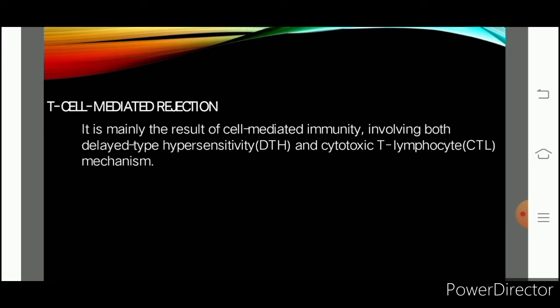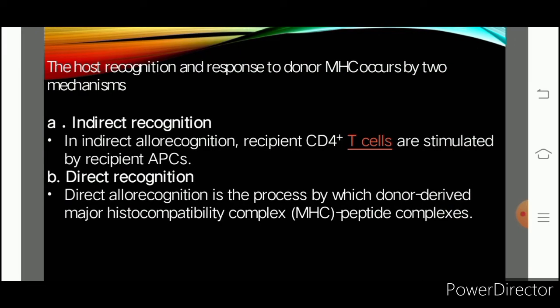Rejection is triggered by MHC. The host recognition and response to donor MHC occurs by two mechanisms: first is indirect recognition and second is direct recognition.